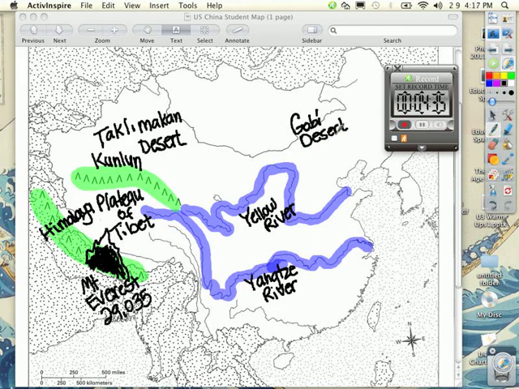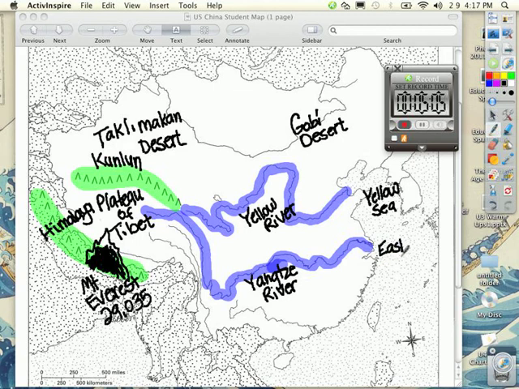Okay? And then we want to go back to bodies of water. We're going to look at our Yellow River here, and it comes out into the Yellow Sea. So we're going to label the Yellow Sea. And the Yangtze River comes out into what's called the East China Sea, which is on the east coast of China.